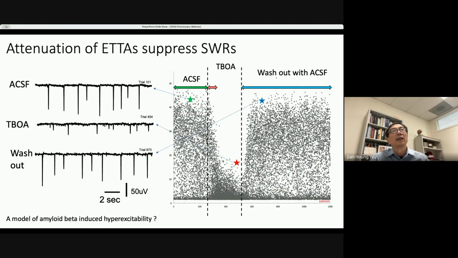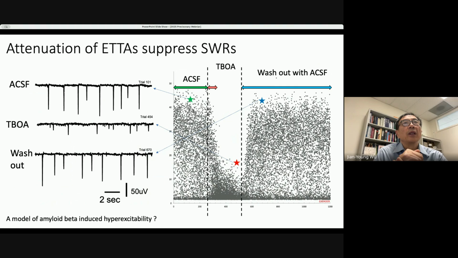EAATs are excitatory amino acid transporters, calcium-dependent glutamate transporters in the glia and in the neurons. Those are important to keep the ambient extracellular glutamate low.